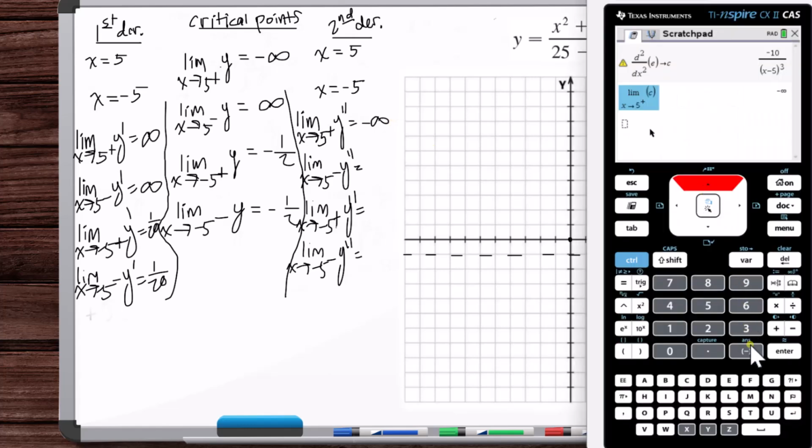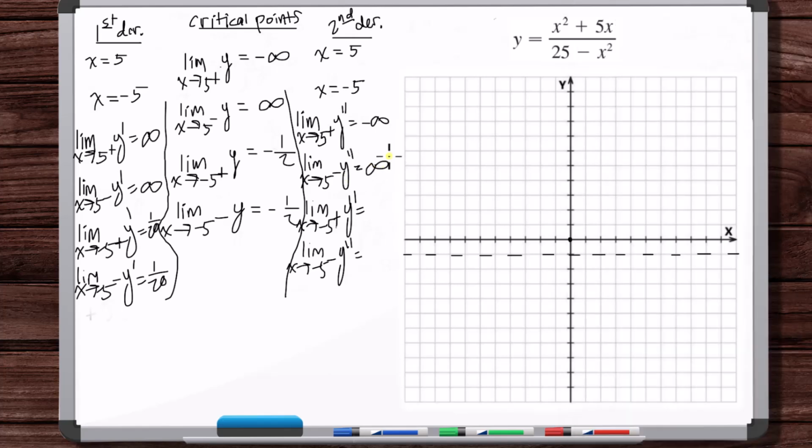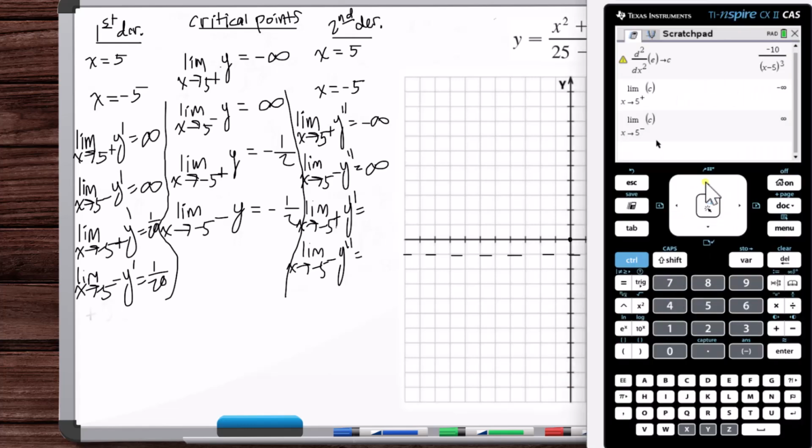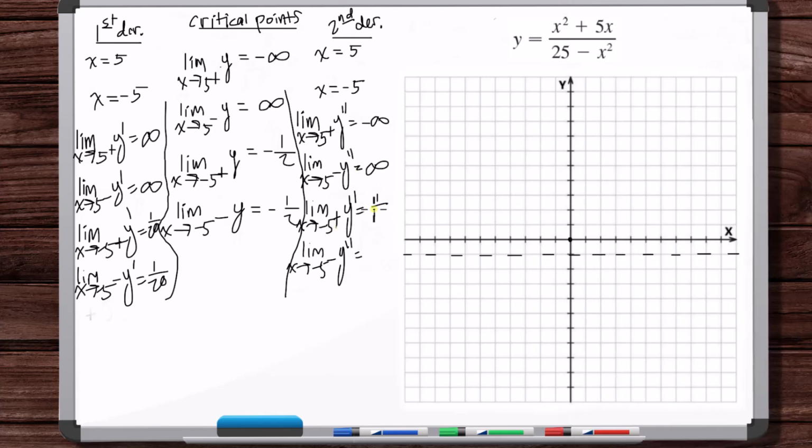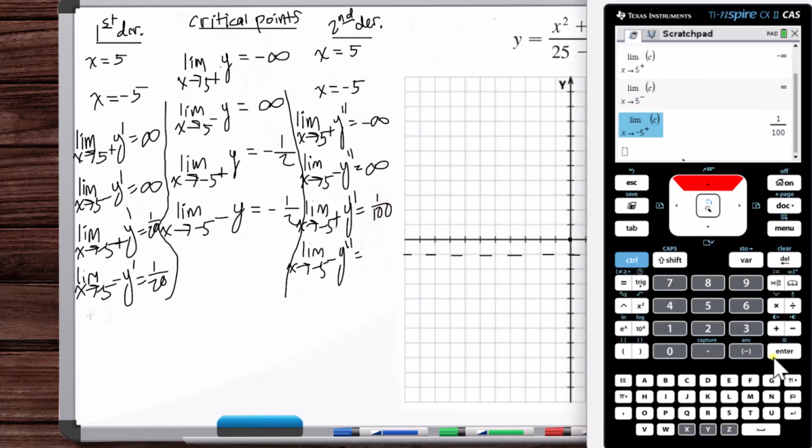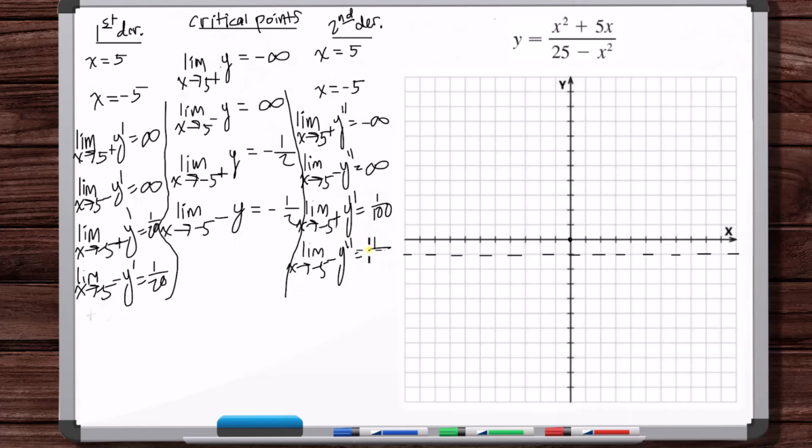Then do 5 from the left, infinity. Then do -5 from the right, 1/100, and this should be exactly the same coming from the left, 1/100.